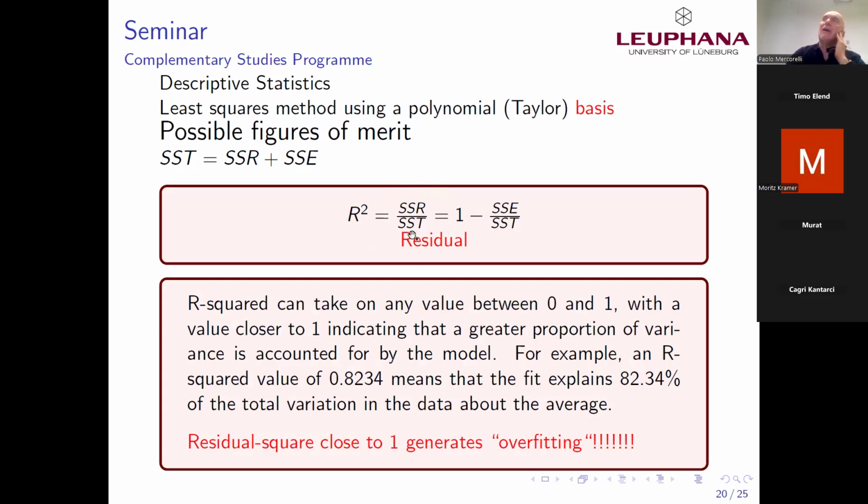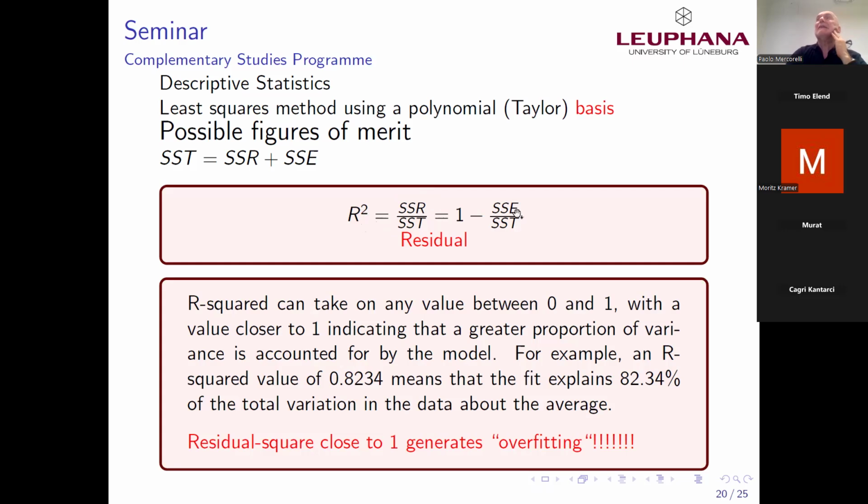Somehow, this indicator says that for us, if you want to minimize this, it is extremely important to minimize SSR. We can see from here, no? Because R squared is basically SSR.